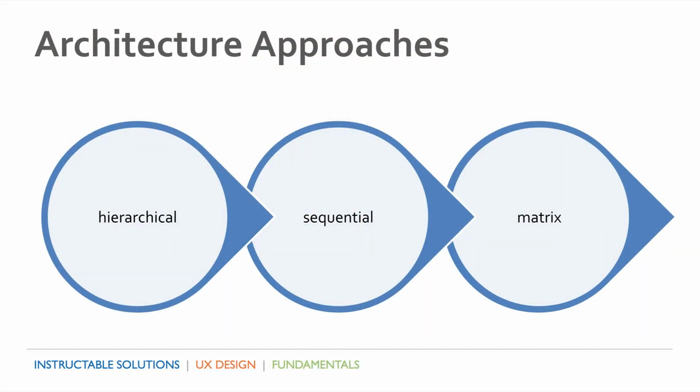The third architecture that I'm going to talk to you about is called a matrix. This one's a little bit more of a departure from hierarchy and sequence, but it's much closer to a hierarchy. A matrix is grouping of information into like categories with labels.